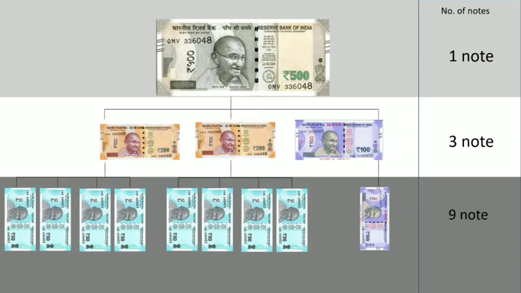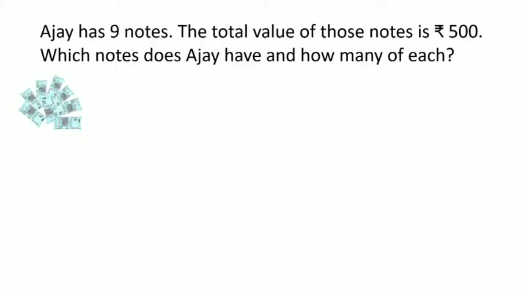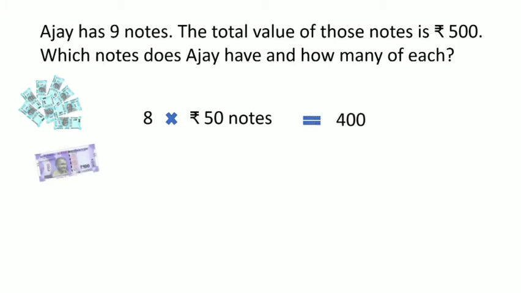So Ajay was having 9 notes and the total value is 500 rupees. So we will write in statement form that 8 50 rupees notes, 8 into 50 we will get 400, and 1 100 rupees note, 1 into 100 we will get 100.